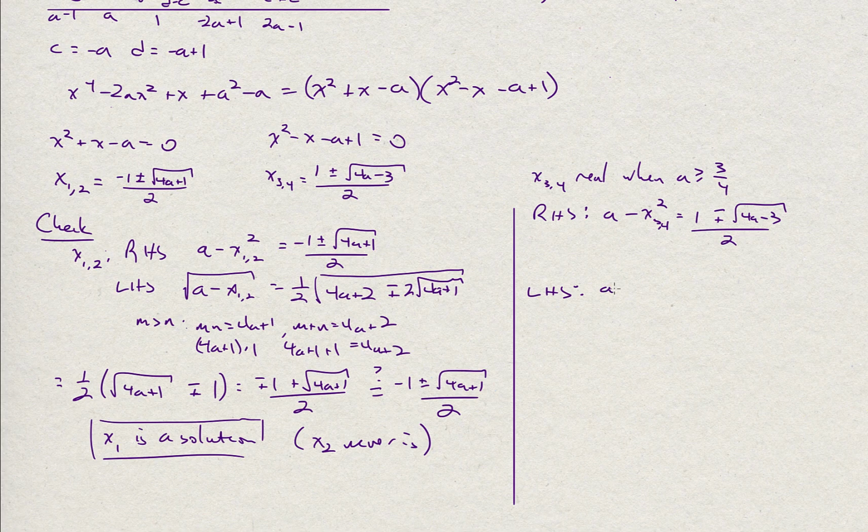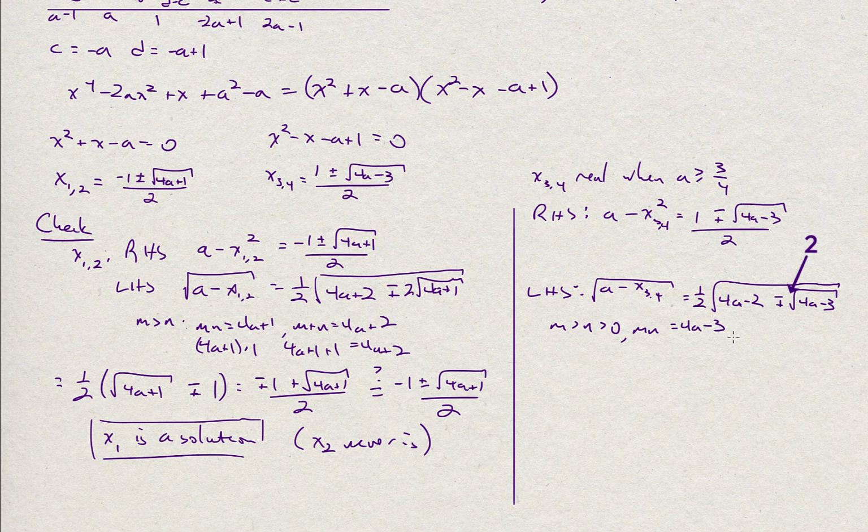And here's the left-hand side. A minus x3,4 underneath the square root. That's going to be 1/2 times the square root of 4a minus 2 minus or plus the square root of 4a minus 3. So again, we need m greater than n greater than 0, such that mn equals 4a minus 3 and m plus n equals 4a minus 2.